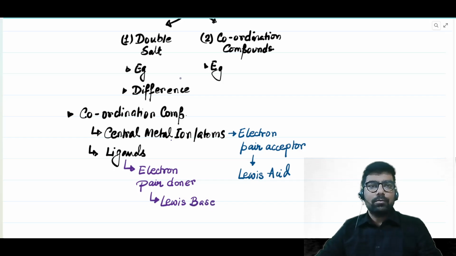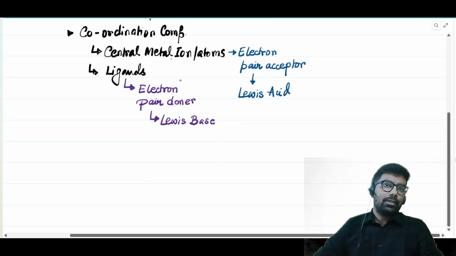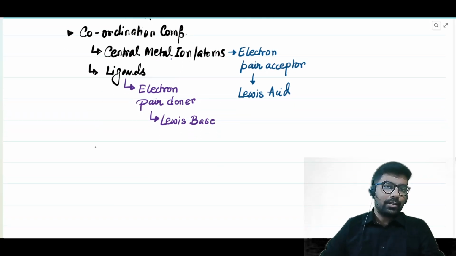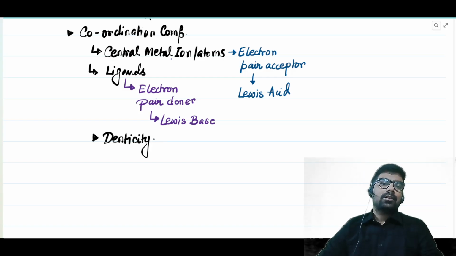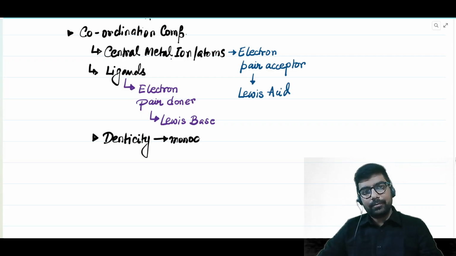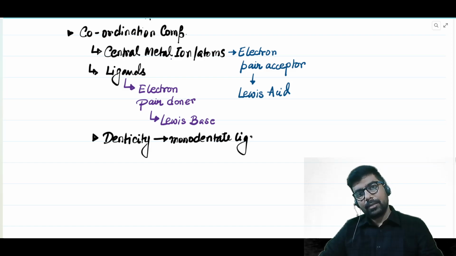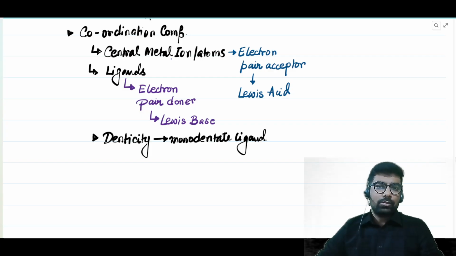Then after that we went deeper into the ligands and we discussed something called denticity. We discussed monodentate ligands, also called unidentate.